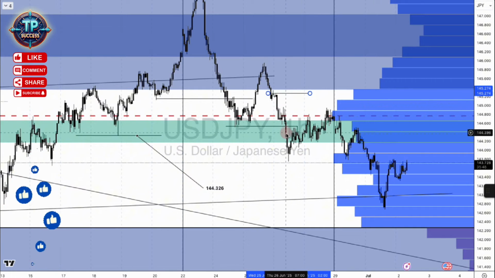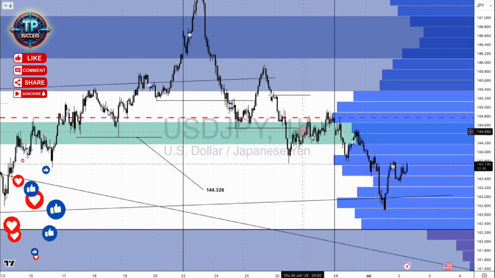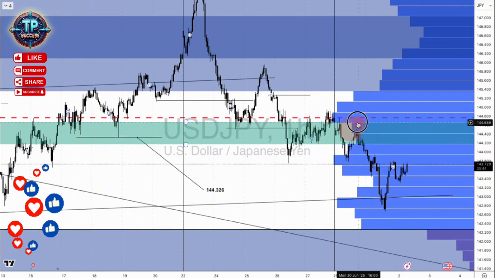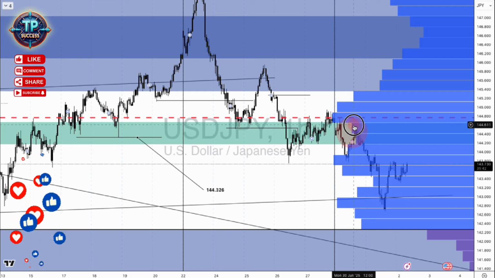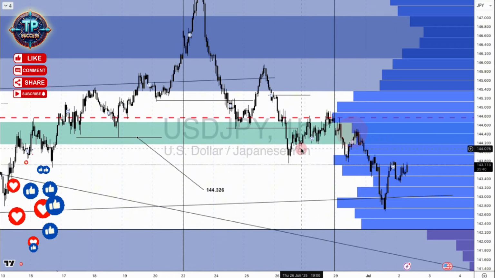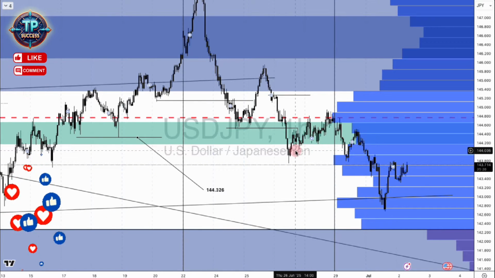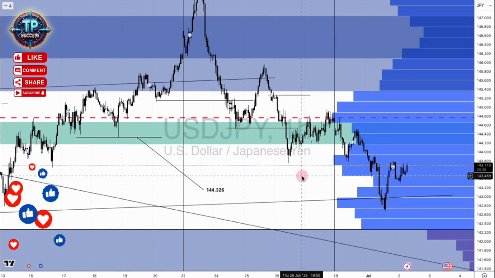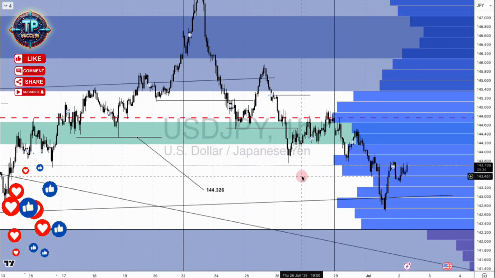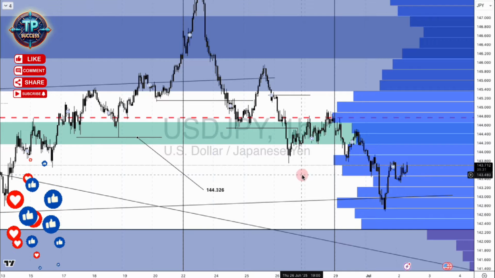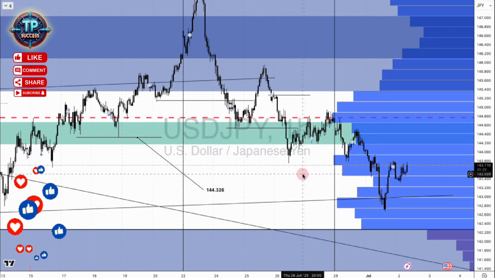It went all the way down through this low value node area, and the idea was it was going to continue on this journey downwards, but at the same time you had to be of the mindset that it could pull up.